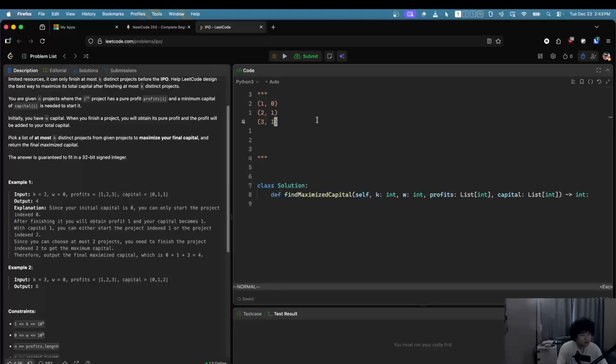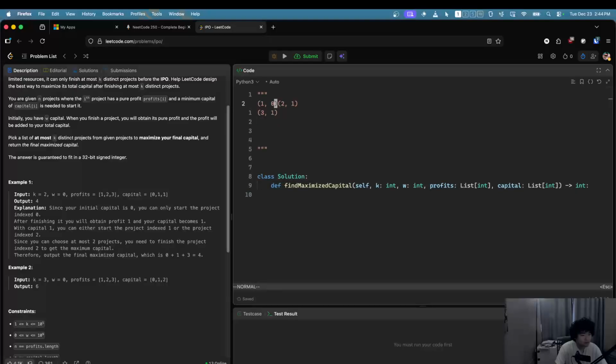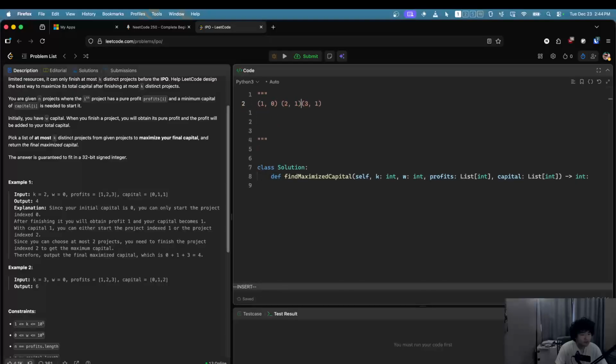Okay, I like the idea of sorting them by capital, but the problem is, who do I sort first if they're equal, like they have the same capital? Well, the one with the most profit. So when I sort this, I want it to look like this.